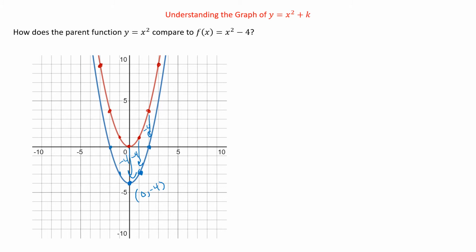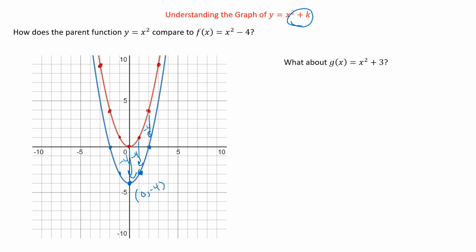So we just took each of those values and subtracted 4. That shifted the parabola down 4. So what this number at the end, this plus k, does is a vertical translation, or a vertical shift. It's just going to go up or down by that many.